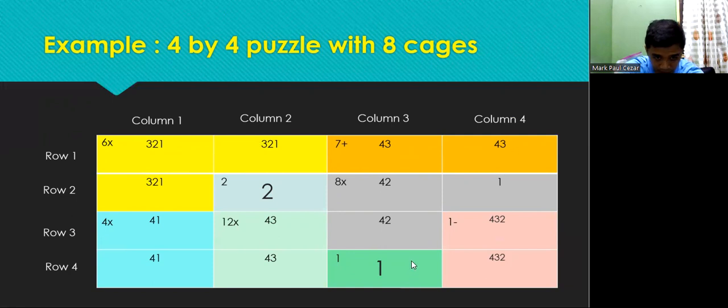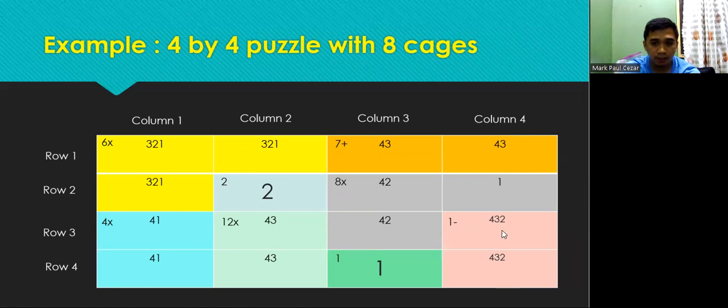So here, I will start with this target number 1 with a mathematical operation of subtraction. I included all my possible combinations here. If I use 4 here, I can use 3 here, or vice versa, because 4 minus 3 is 1.